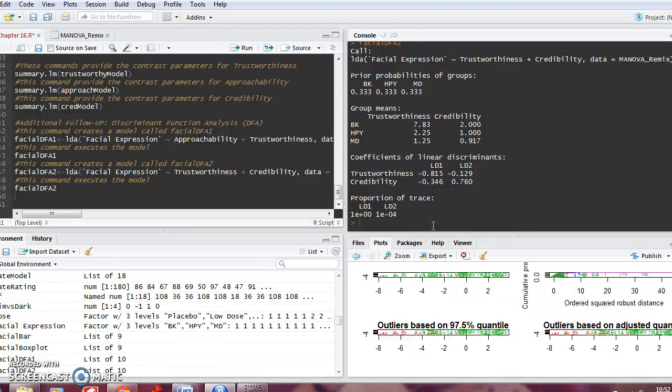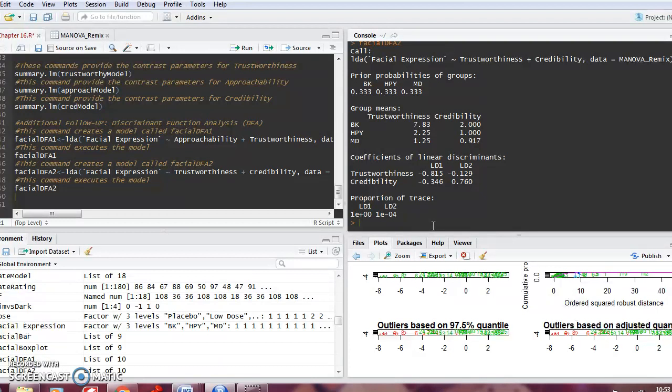Trustworthiness has a very strong negative relationship with the first variate, and credibility does have some negative relationship with the variate, but it's very small. So it's very weak.